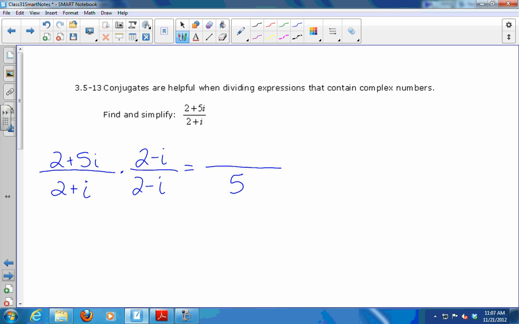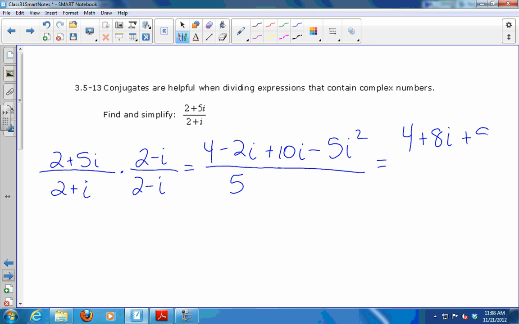And in my numerator, I'm going to have to multiply out. I'm going to have to FOIL it. So I'm going to get 2 times 2, which is 4. The outer is negative 2i, and the inner is 10i. And then the outer is minus 5i squared. Then I just do a little simplifying. So I'm going to have 4 plus 8i. And then i squared is negative 1. So this is really plus 5.